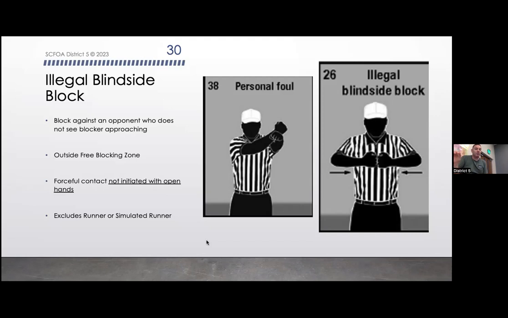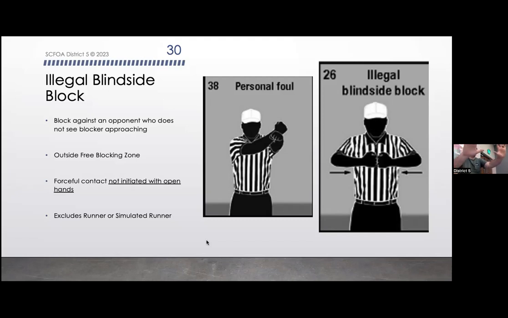Outside the free blocking zone, forceful contact not initiated with open hands. Well, we're going to talk about what makes it legal. So forceful contact not initiated with open hands. What does that mean? If I use open hands from the blind side, is that legal?